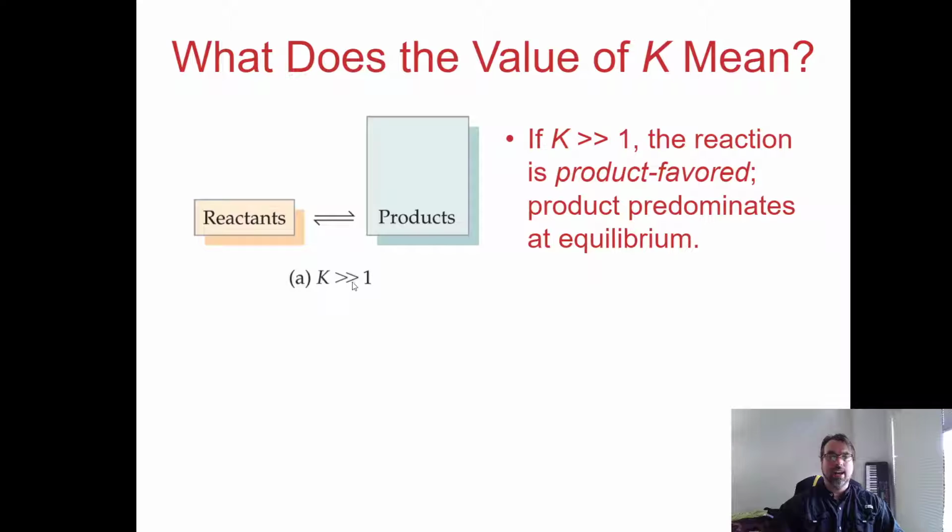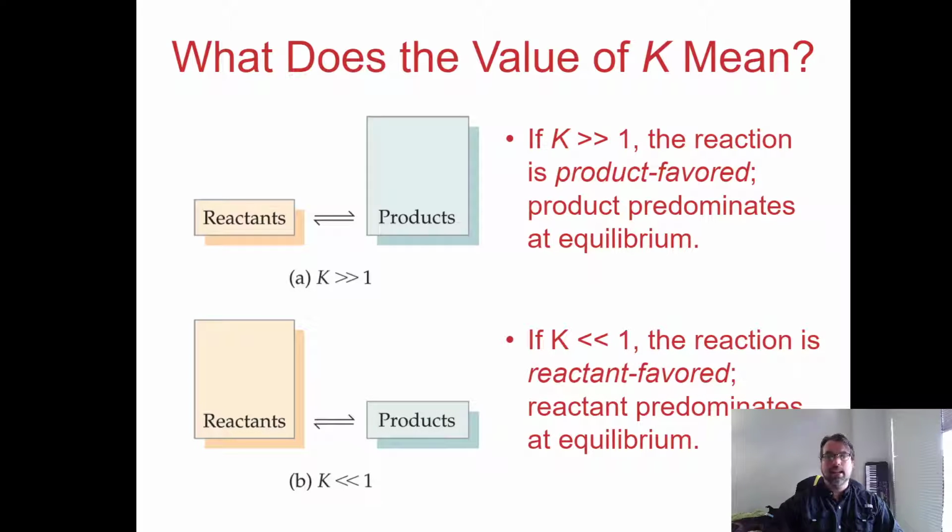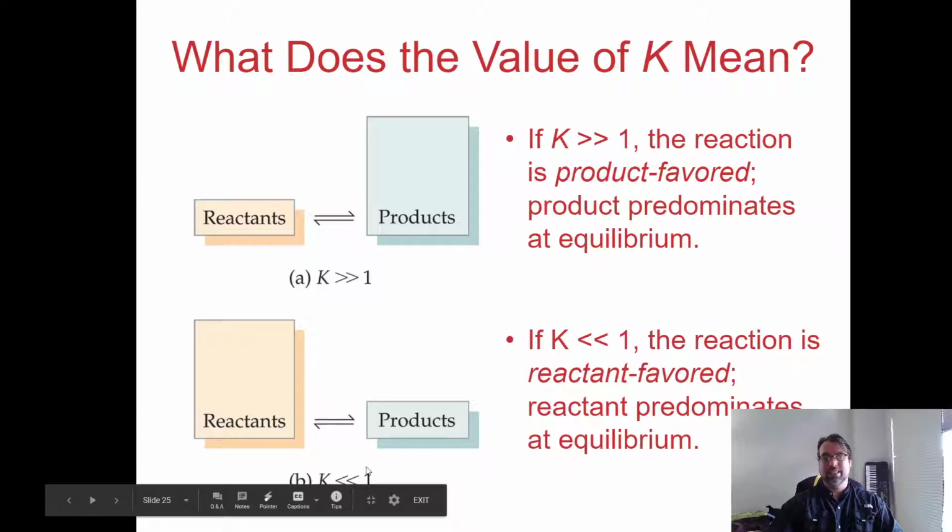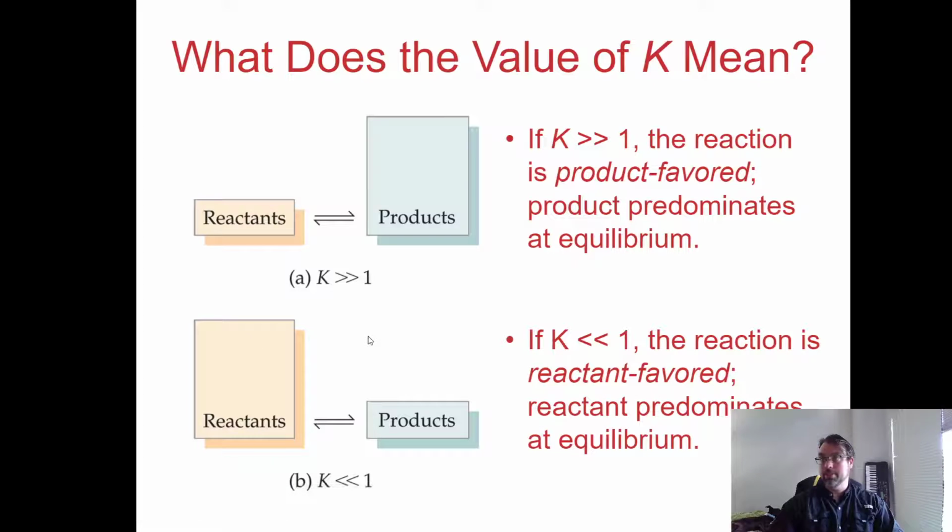If you have a high concentration of your products, or your equilibrium constant is really high, that means that it favors going towards the products. Likewise, if your K is really, really low, you're going to be favoring your reactants.